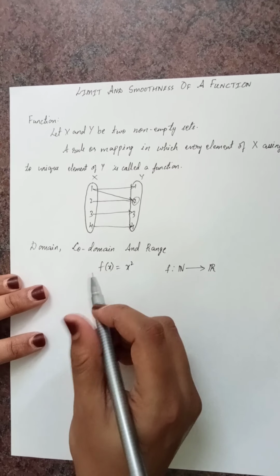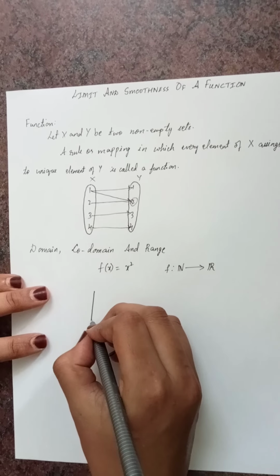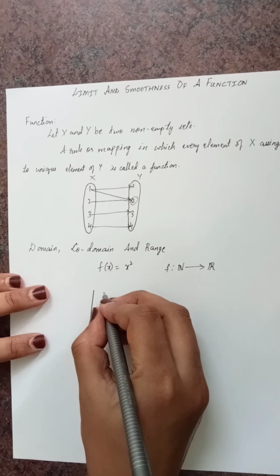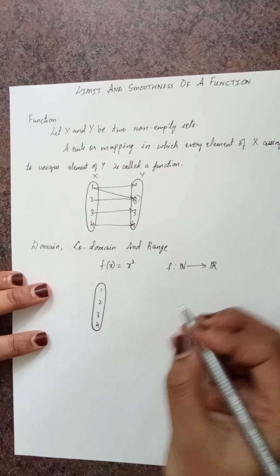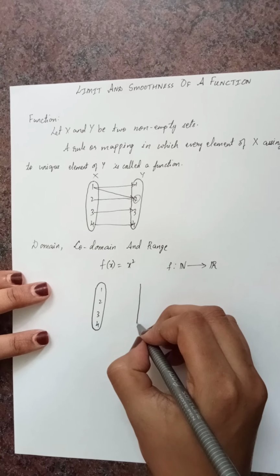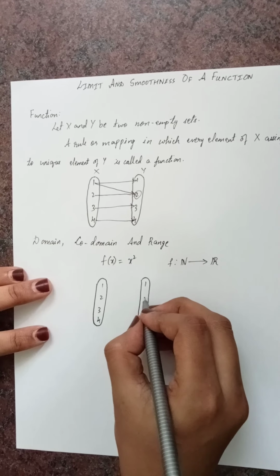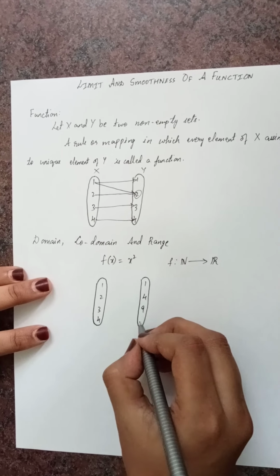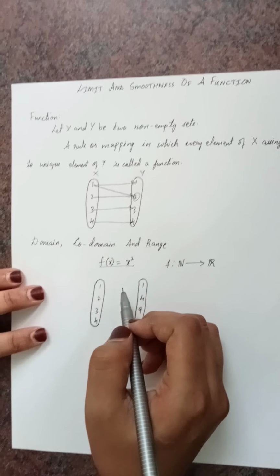So now if I have to represent this, I'll take the values as 1, 4, 9 and 16. The reason is I have defined the function as x square.